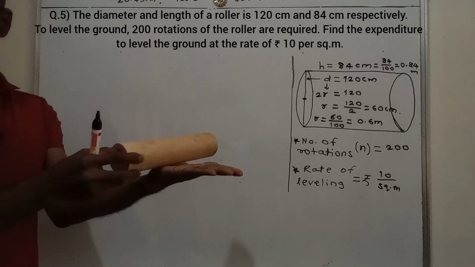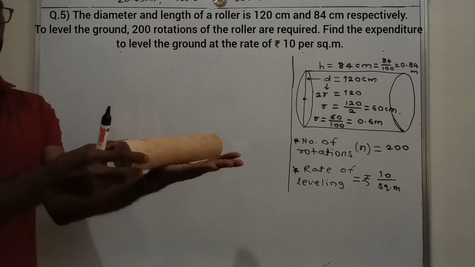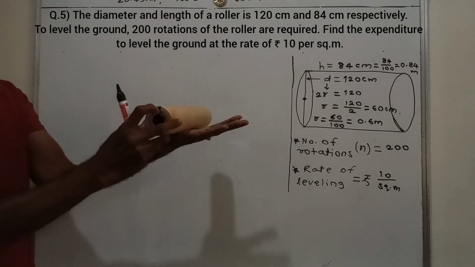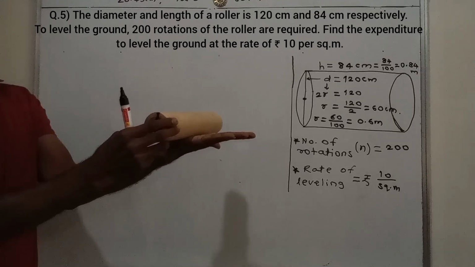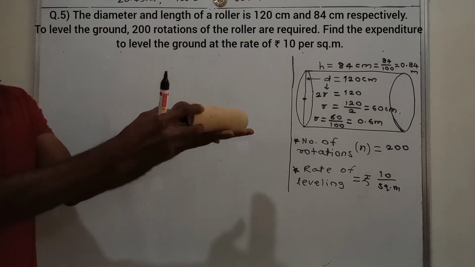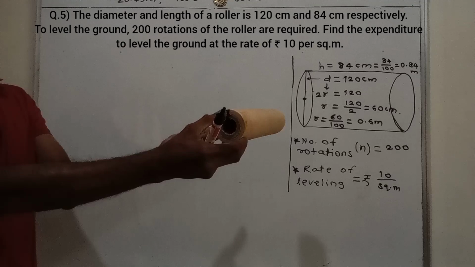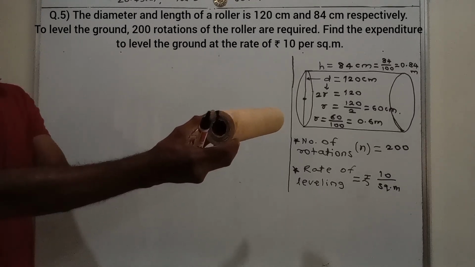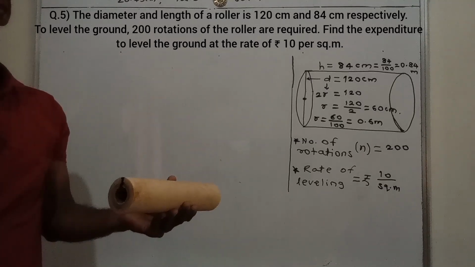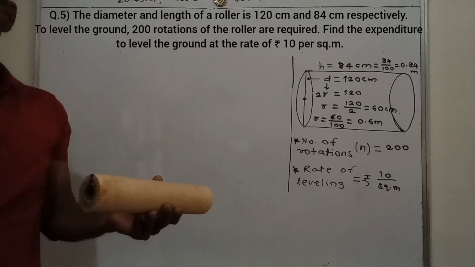When this roller levels this ground this way, starts from this marking, and moves this way and completes one rotation, then this much ground is leveled.